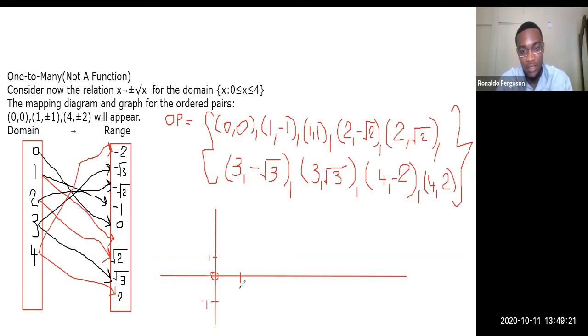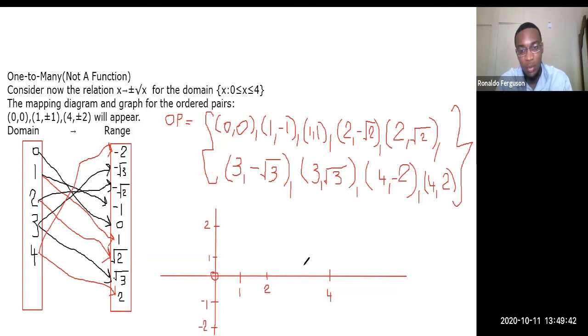Then when x is 2, you're going to get negative the square root of 2 and positive the square root of 2, all the way to 4. When x is 4, we're getting a y value of 2 and -2.